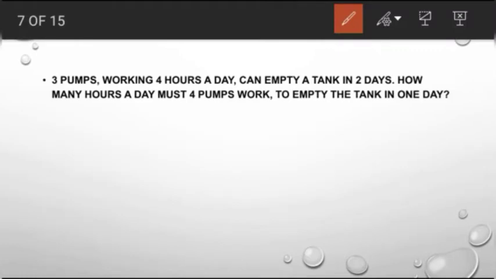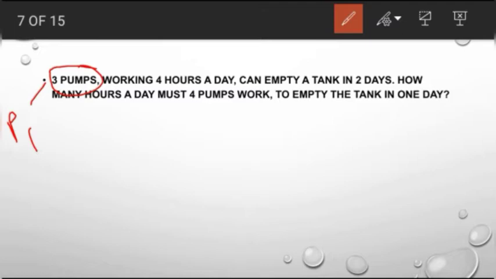Now we are going to solve this problem. Three pumps working 4 hours a day can empty a tank in 2 days. How many hours a day must 4 pumps work to empty the tank in 1 day? See here, 3 pumps means P1. Whether it is number of persons or number of things, it is considered as P1.